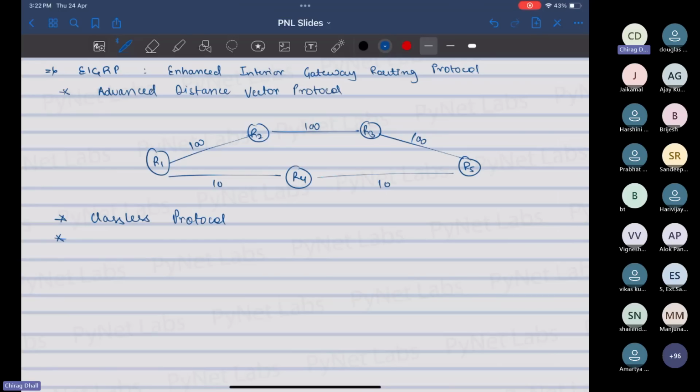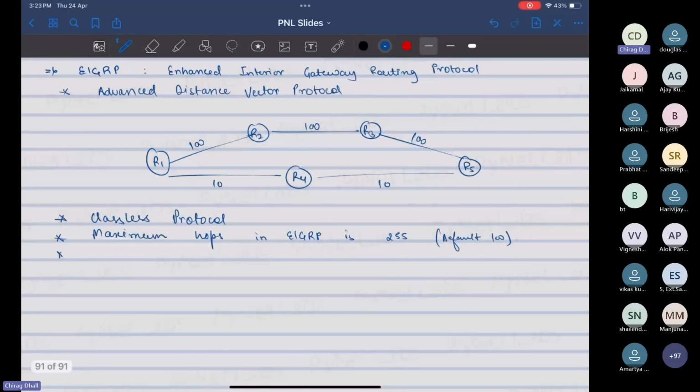With EIGRP, the maximum hops is 255. By default, this limit is 100, but it can be extended up to 255.